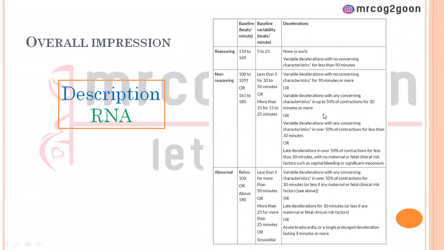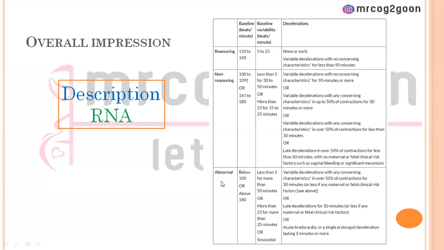He will tell you this patient has a variable deceleration with every other contraction. This means that it is already in 50% of the strip. In up to 50% of the contractions for 30 minutes or more, or in over 50% for less than 30, or late deceleration in over 50% for less than 30.